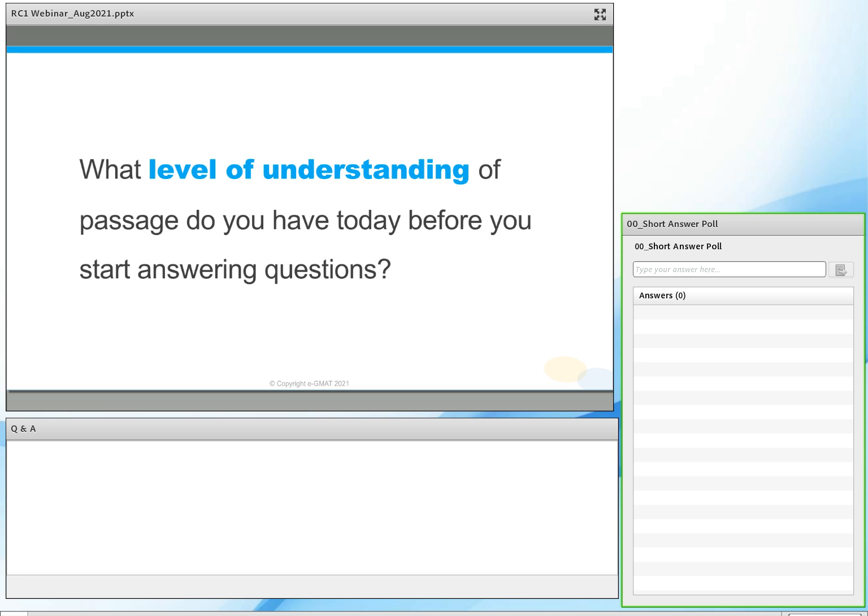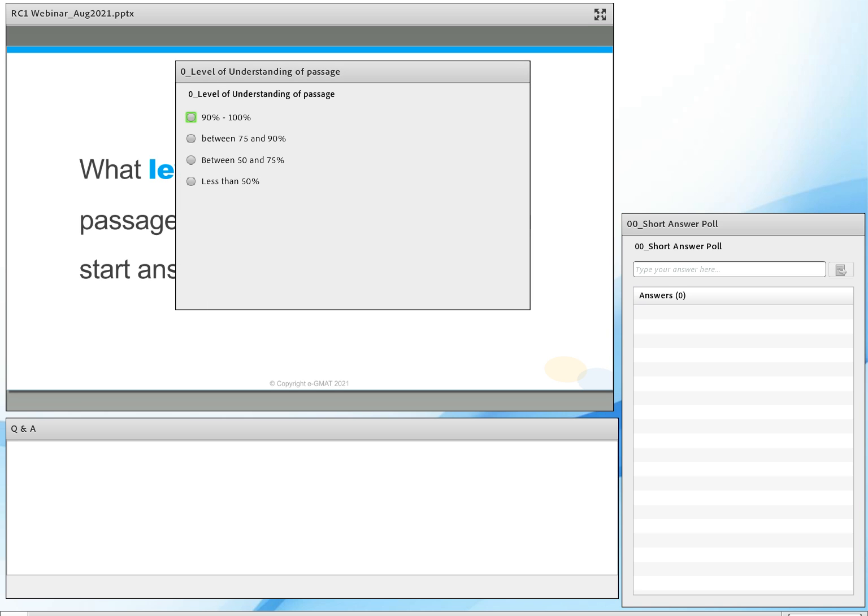In your own assessment of your abilities, what is your understanding of a passage after you've read the passage? And this is the last aspect of self-assessment. Because improvement starts from understanding where we currently stand, and then we know what we need to do.